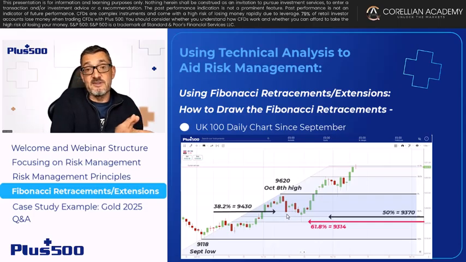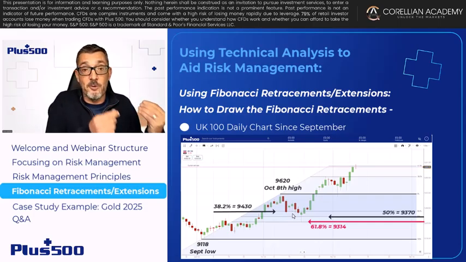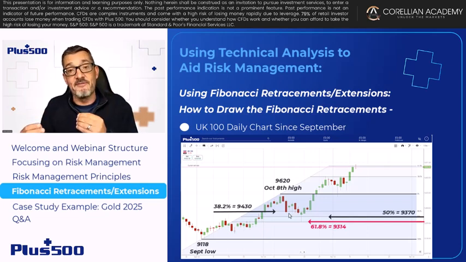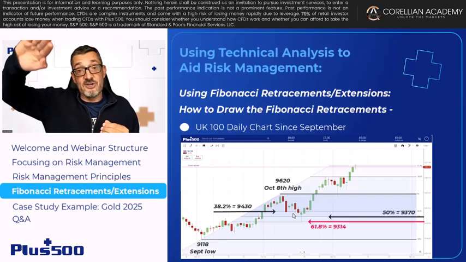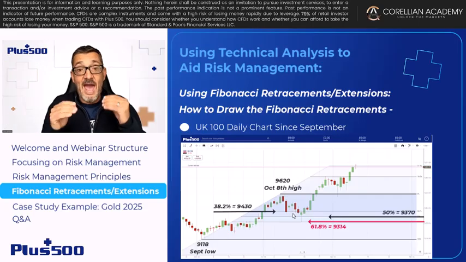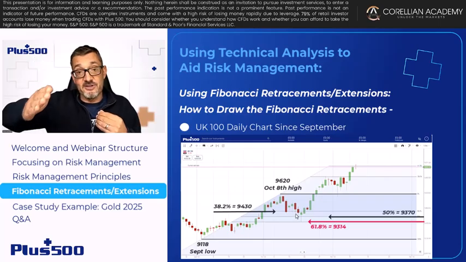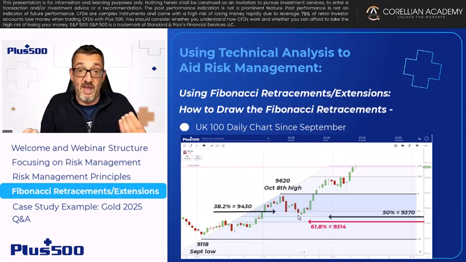As you can see using this UK 100 chart on screen, the test of the 38.2% level at 9,430 on October the 11th initially saw it act as a key support and attempts at fresh price strength were seen. However, with the full recovery failing and fresh selling pressure developing, this 38.2% support level gave way.